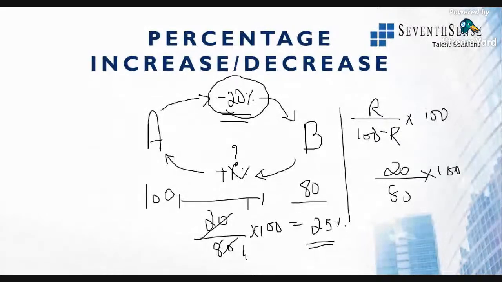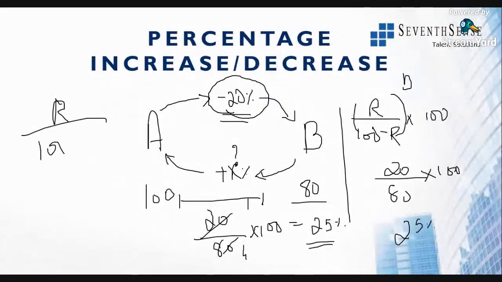The same equation, it will become 25%. So this is the formula for percentage decrease. Percentage increase, it will be R by 100 plus R into 100. That is with respect to percentage increase or decrease.